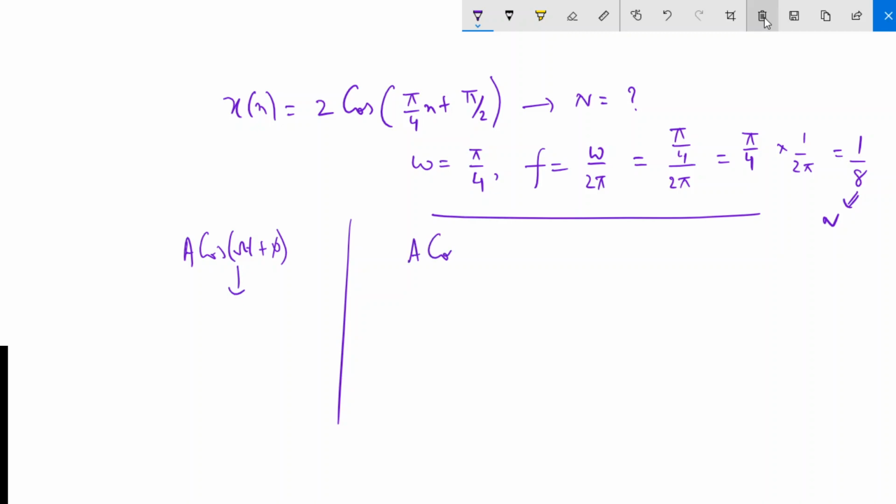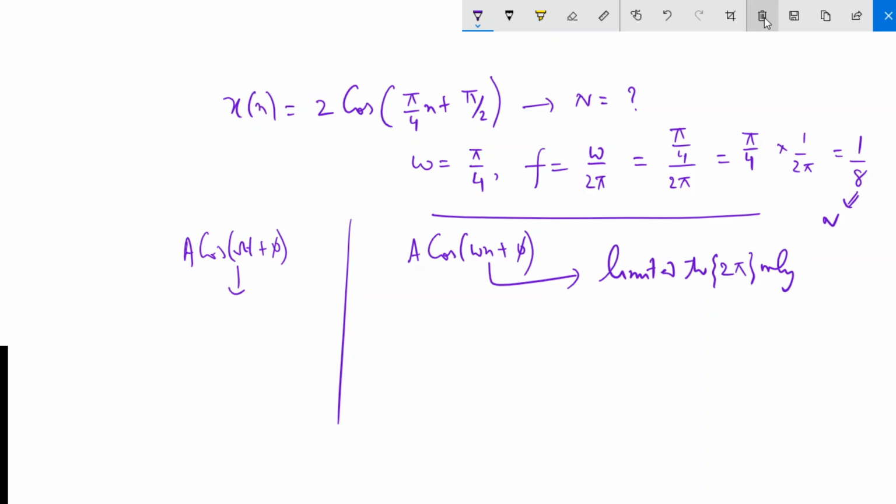Now in the case of cos omega n plus phi, this is not the case, because the frequencies are limited to a band of 2 pi only. It means if you go beyond 2 pi, the signal will start repeating.